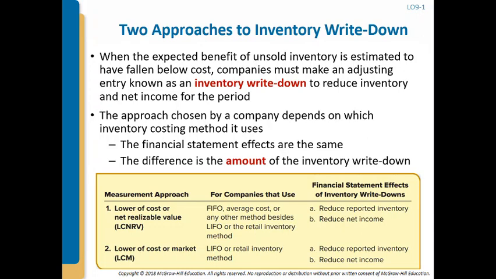As it says, the approach chosen by a company depends on which inventory costing method it uses. The financial statement effects are the same. The difference is the amount of the inventory write down.